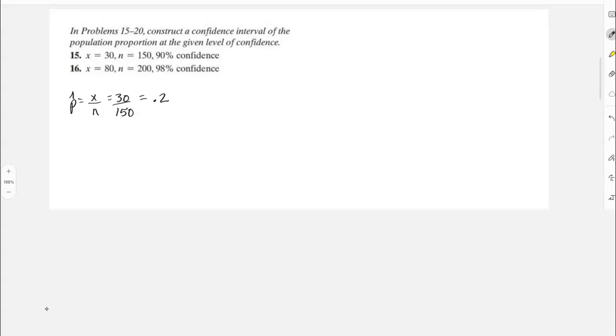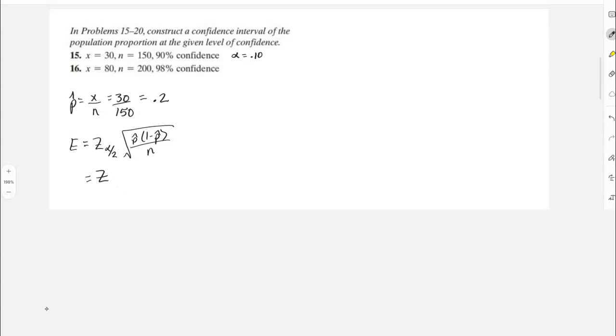So next, let's figure out our error. Our error is going to be z alpha over 2 times the square root of p-hat times 1 minus p-hat divided by n. So I've got to figure out that z alpha over 2. In this case our alpha is 10%. So if I take 10% and divide it by 2, I'm going to get 0.05.